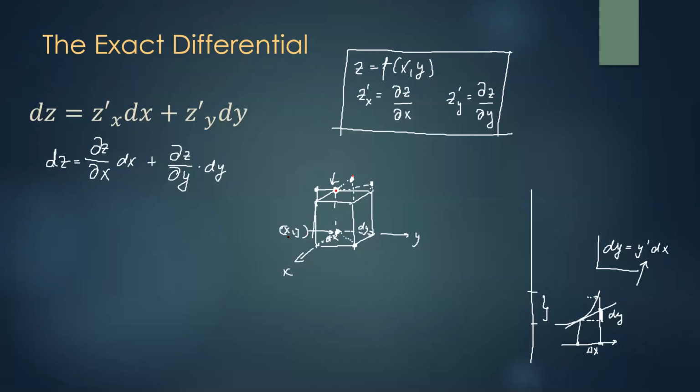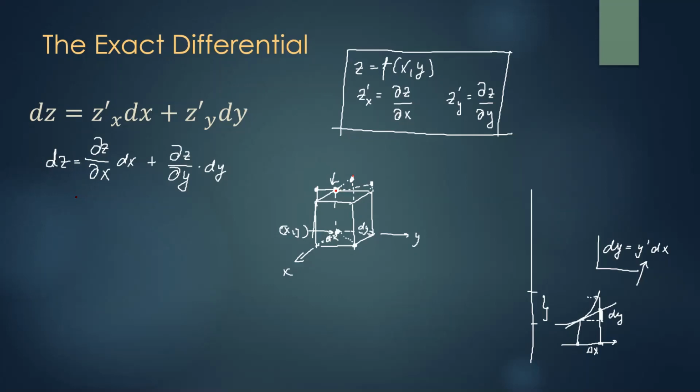Imagine we have a curving surface and we have drawn a plane touching that surface at this point. So we take the approximate value on the tangent plane and the increment, the approximate increment, the principal part, is this exact differential. This is what the exact differential actually means.